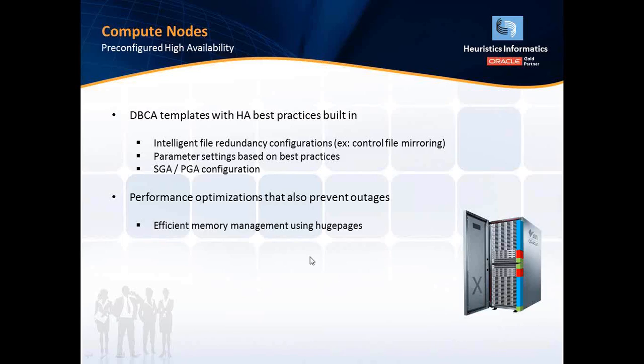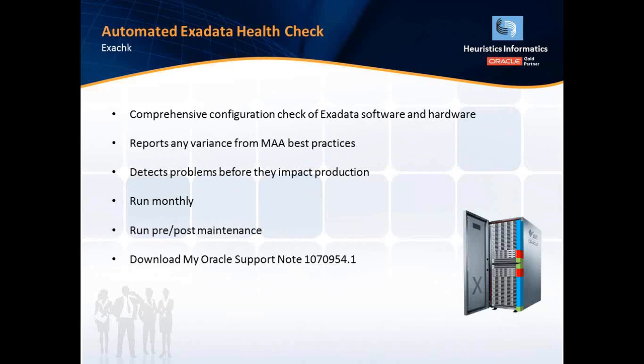Performance optimizations, I mean, we can do better memory management using huge pages. We can configure SGA, PGA. We have what is known as instance caging, which we'll probably get to in the next slide. All right, I think we've missed one slide, but basically, as I was saying, we've got instance caging, which allows us to pin a particular database to a number of CPUs on the database servers.